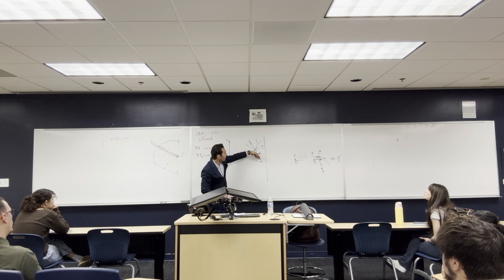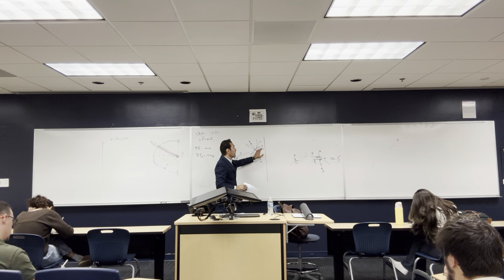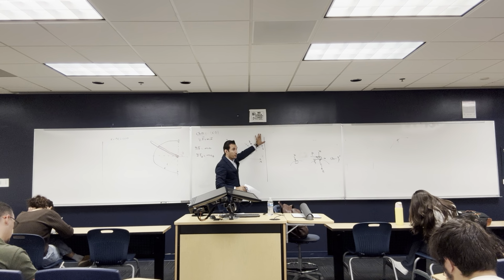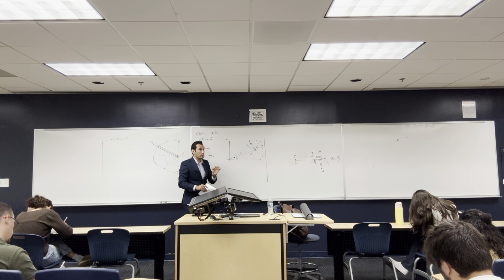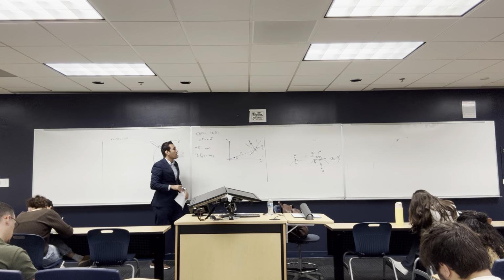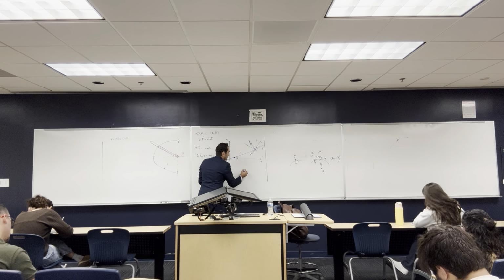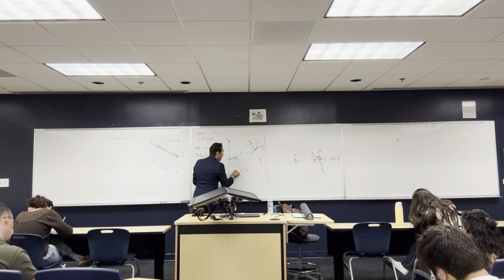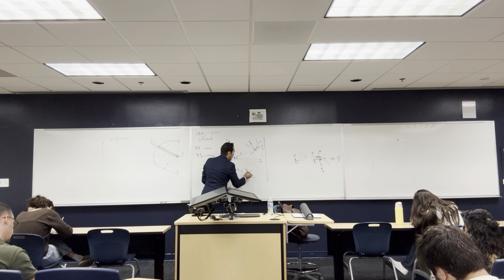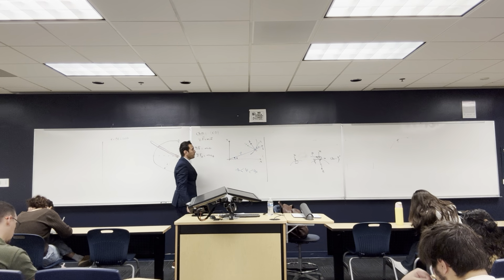Try to understand this correctly. That's a 10% question. What is the angle psi? The angle psi is the angle between the R vector and the tangent vector, and it's always an acute angle, not obtuse. That means psi is more than negative 90 degrees and less than 90 degrees.